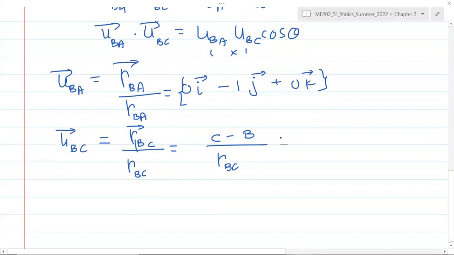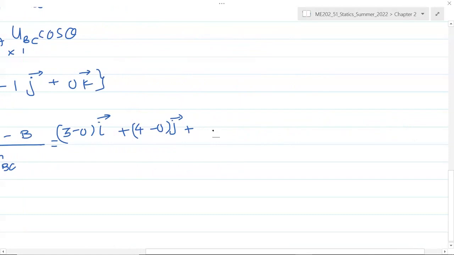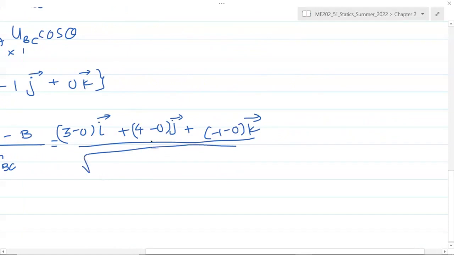Okay, so based on the coordinates value, this is 3 minus 0 for x coordinate multiplied by the direction i, 4 minus 0 for y coordinate multiplied by the direction j, and -1 minus 0 multiplied by direction for z-axis, which is k, and the magnitude is the square root of the magnitude of the numerator, which is 3 squared plus 4 squared plus (-1) squared.